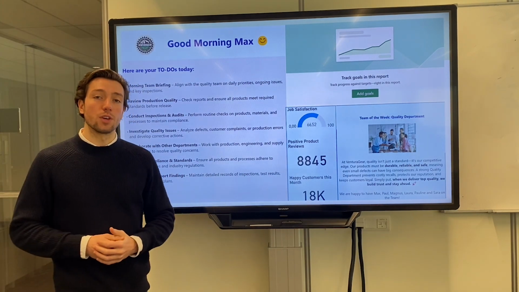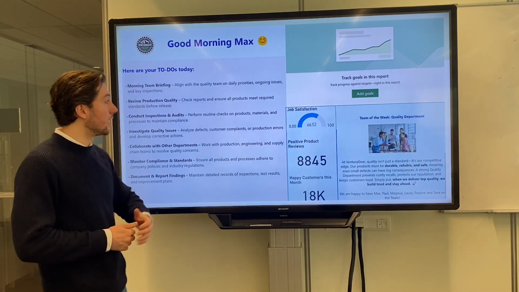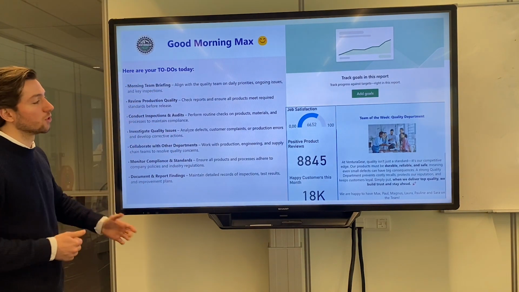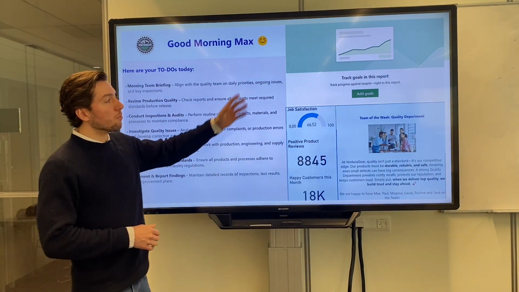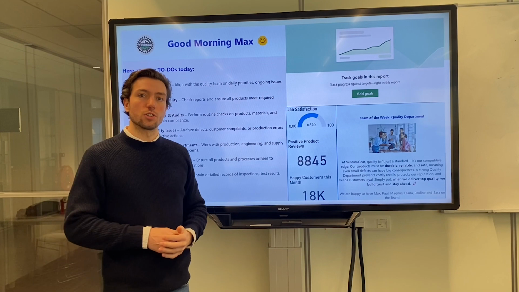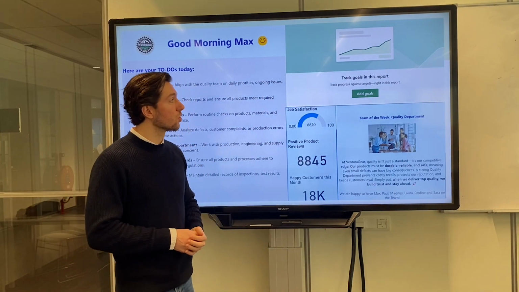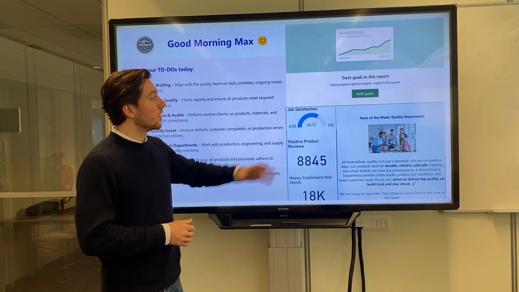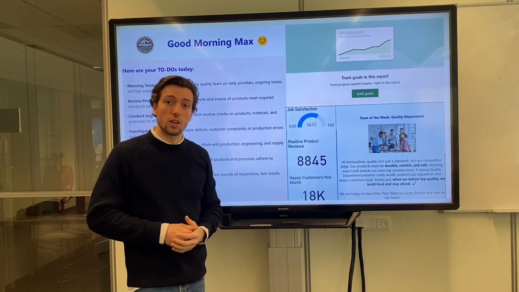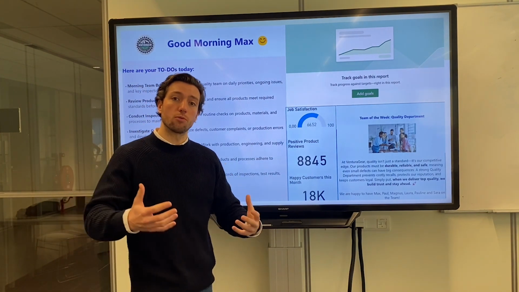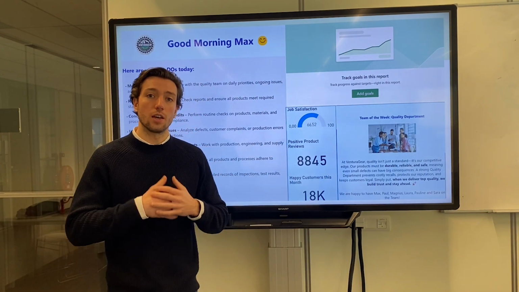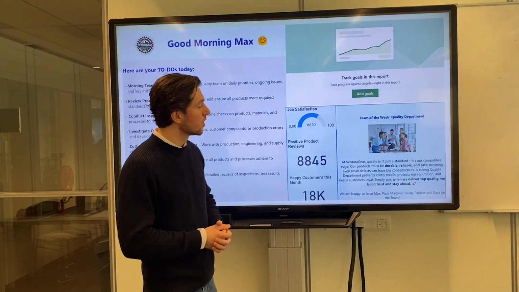This is for employee Max, and Max has a to-do list for today, and Max can track his own goals. It's a personalized dashboard, so for every employee in the company, they can track different goals, and that's to see their performance and see how their work matters.